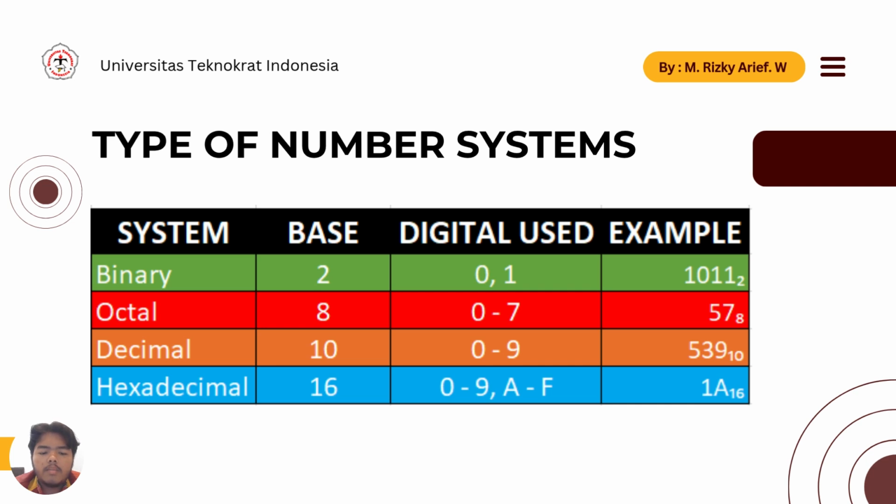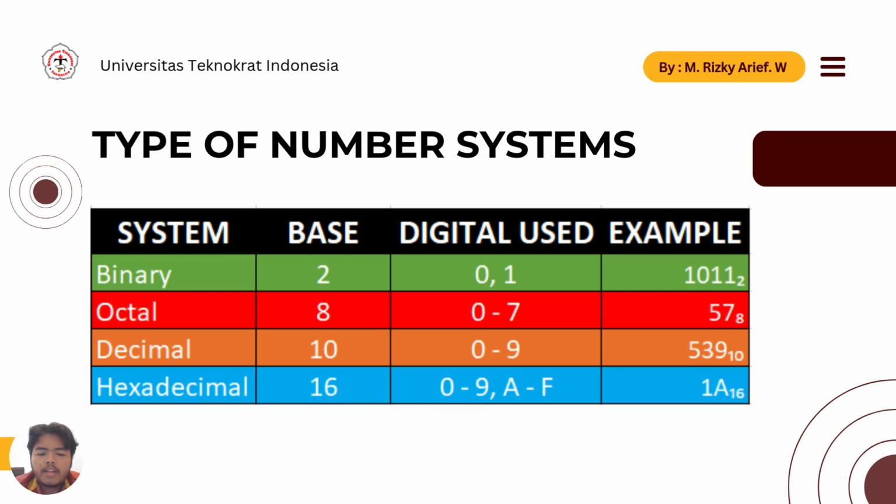Next, the decimal system with base 10 is the one we use every day. It includes digits from 0 to 9. An example is 539 in base 10.